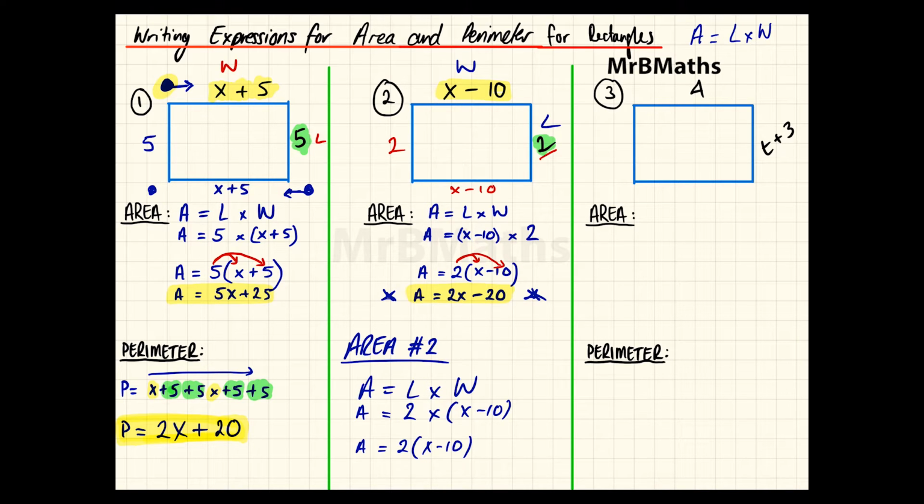If I then expand this, I get 2 times x, which gives me A equals 2x, and then 2 times minus 10, which gives me minus 20. And here you can see that this here is exactly the same as this one there.